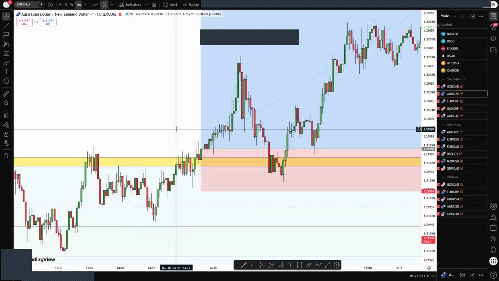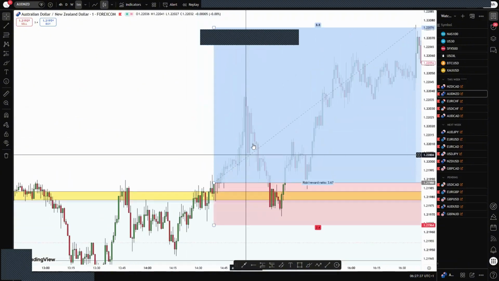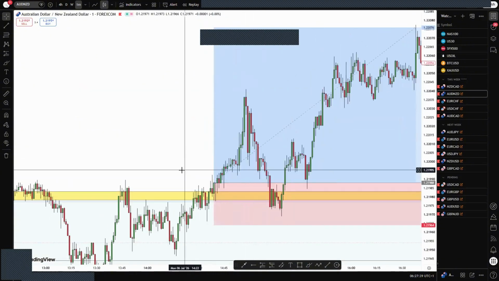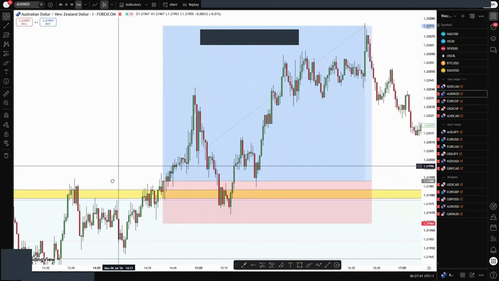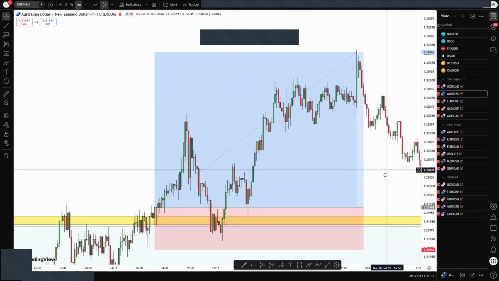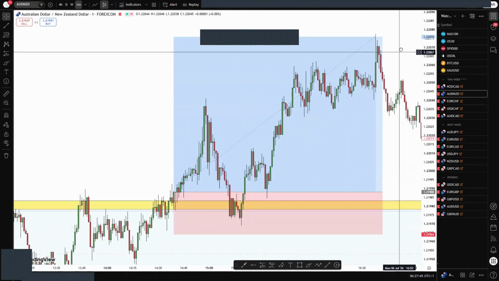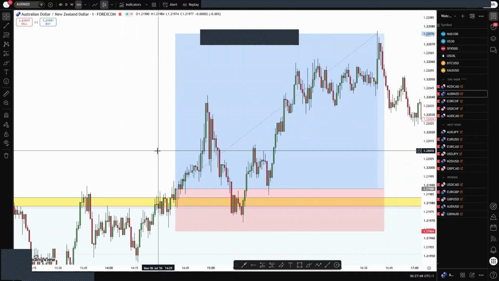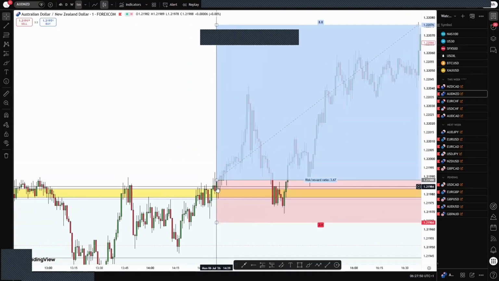And you see what happens. Price comes back, buys a bit, comes back here, still, then shifts, and then price goes and reaches our take profit. The time I entered this was 14:39, just after the first 30 minutes of the New York session.